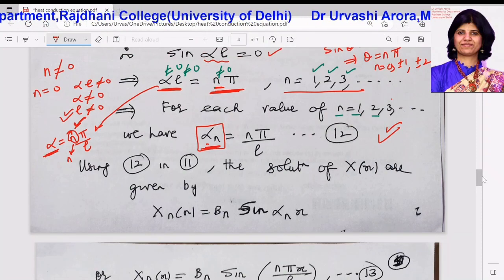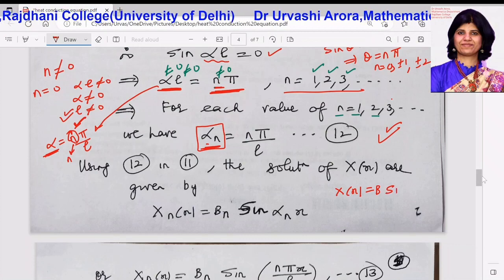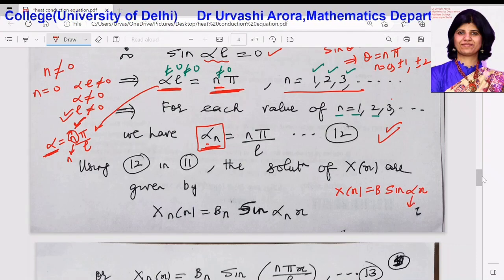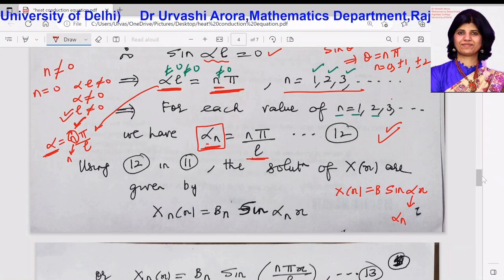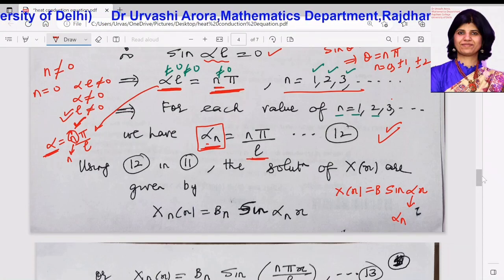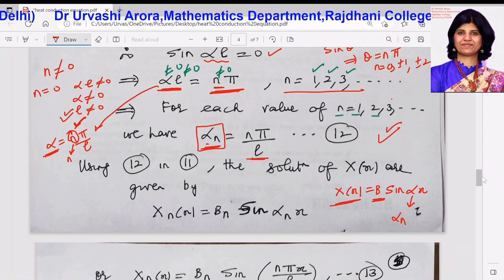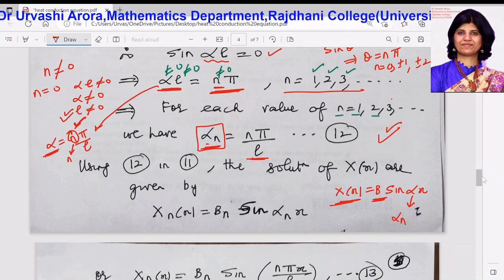So, when you put the value of alpha as alpha n, where alpha n is given by n pi by L, then for every value of alpha n you have an arbitrary constant, and corresponding to that arbitrary constant you have a solution. So, there is not one arbitrary constant b or one solution.